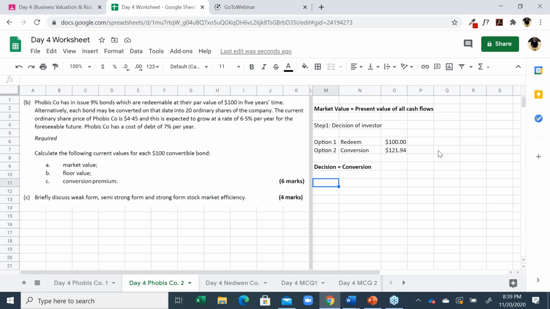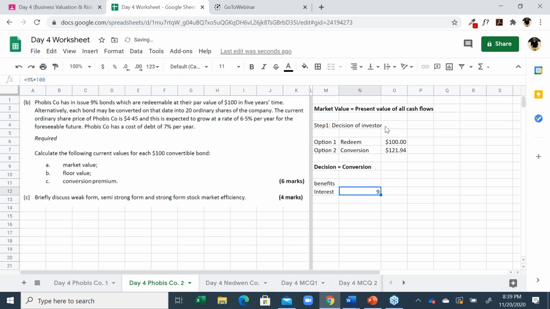Now the cash flows or the benefits that this company will be receiving will be in two forms: interest, which will be 9% multiplied by the par value 100.